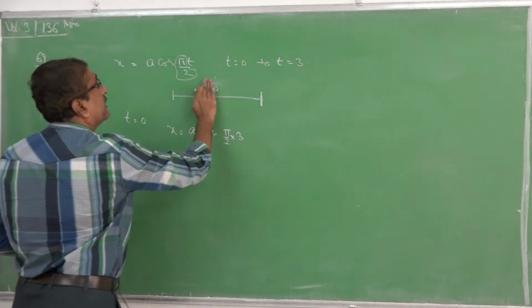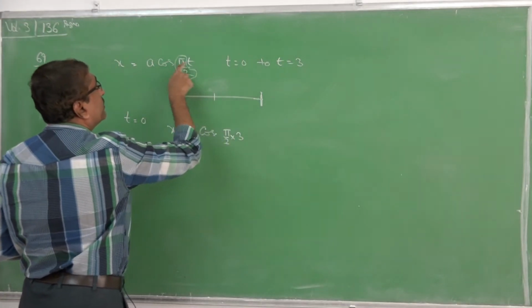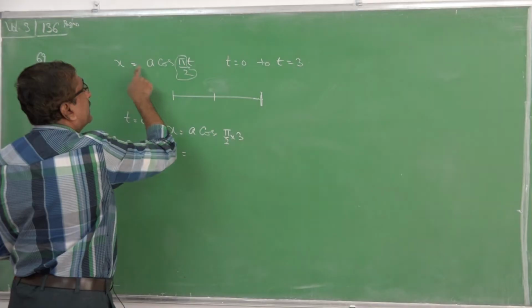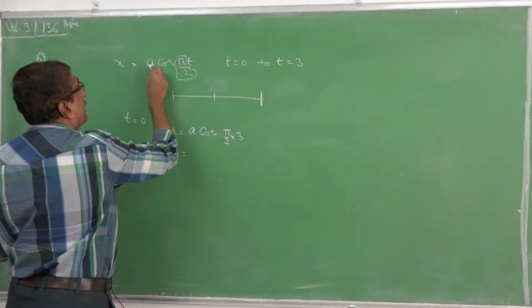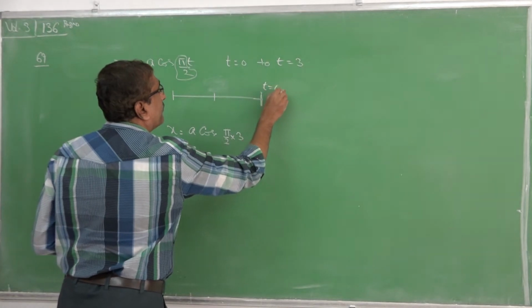When t equal to 0, substituting t equal to 0, cos 0 is 1, so x equal to a, which means the position of the body is here.